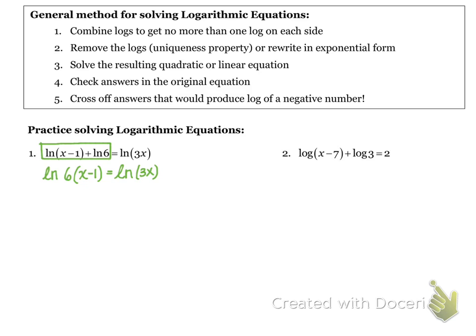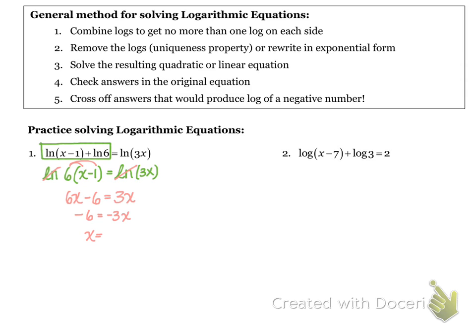Well, using the uniqueness property, I know that I can drop the logs, and I'm left with, after I distribute on this left side, 6x minus 6 equal to 3x.